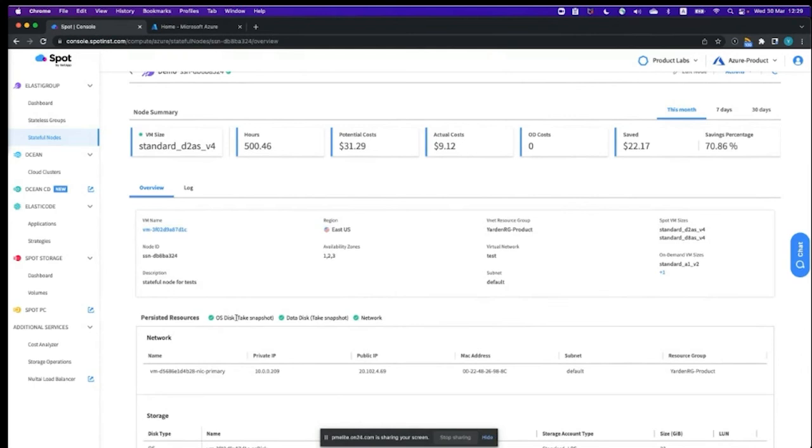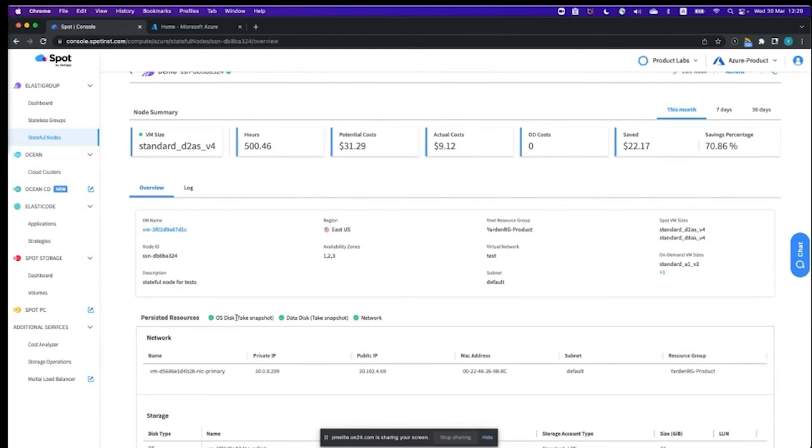Second is the data disk persistency, and the third one is the network. Network persistency contains both the public and the private IP resources for that specific node. So you can configure network alone, data disk alone, OS disk alone, or all of those together. Got it.